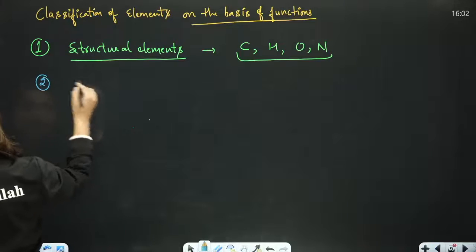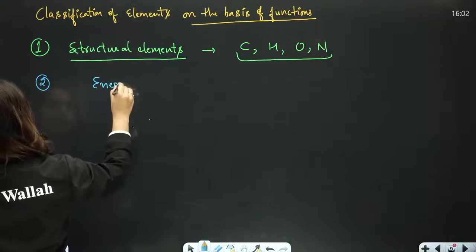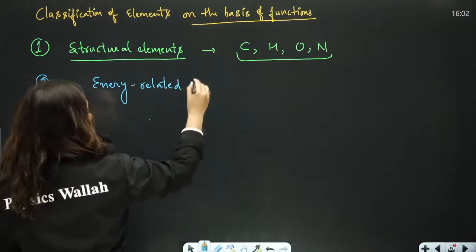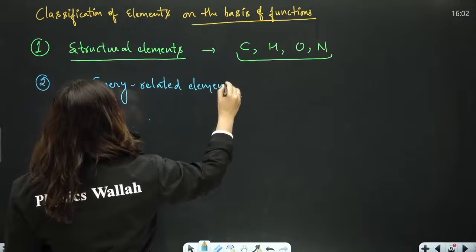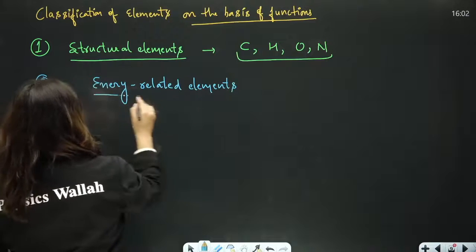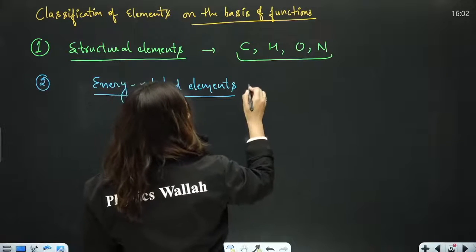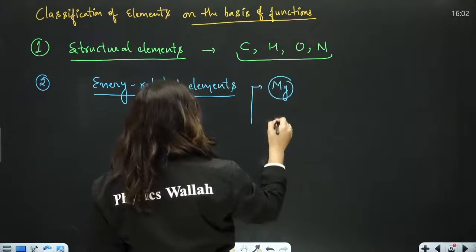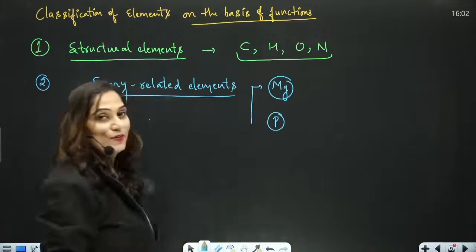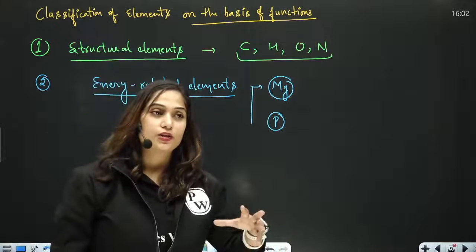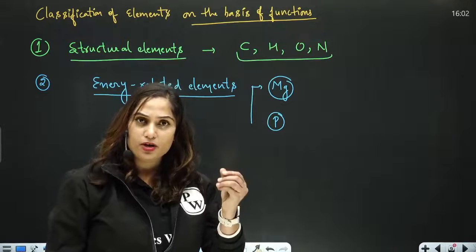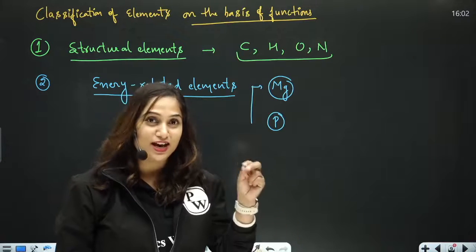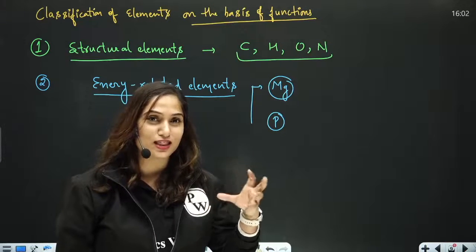Then come the energy related elements or energy related compounds. These are all given in NCERT. Energy related elements are two: one is magnesium and the other is phosphorus. They are related with the formation of energy, like phosphorylation reactions. In the phosphorylation reactions, ATP is formed. Phosphorus is present in the ATP.